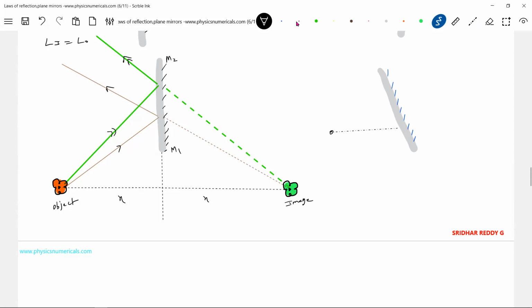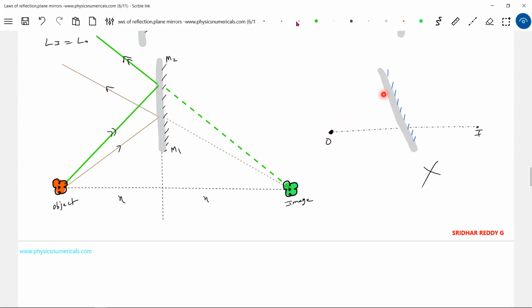Here is where the object is kept. What about the position of the image? I'll draw a horizontal line, then this should be the position of the image. No, the answer is no. This will be a wrong idea, because how do you measure the object distance? This is not the object distance. This is the object distance.